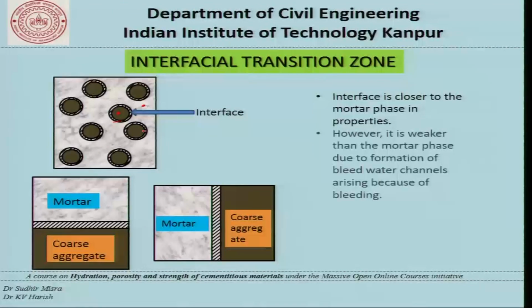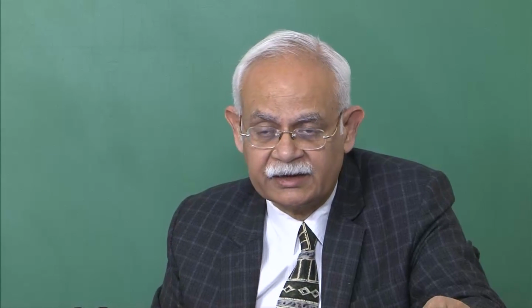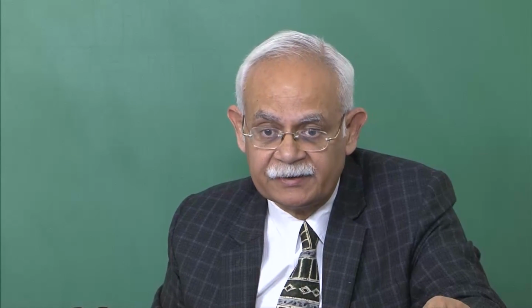Now this ITZ is close to the mortar phase in its properties, but is weaker than the main body of the mortar because of the formation of bleed channels arising out of bleeding, and the effective water cement ratio in that small volume around the coarse aggregates being slightly higher.